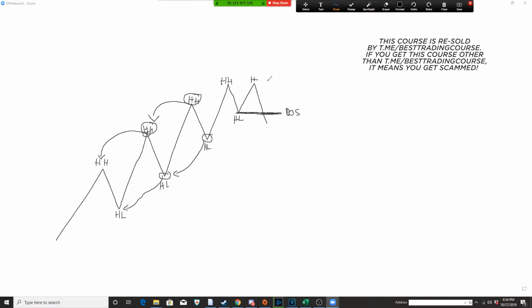Depending on the time frame you're looking at, what price could do is come up, form a lower high, and then a lower low, right? So this would be our lower low, and this would be our lower high.